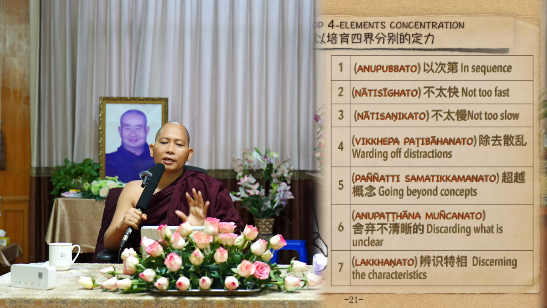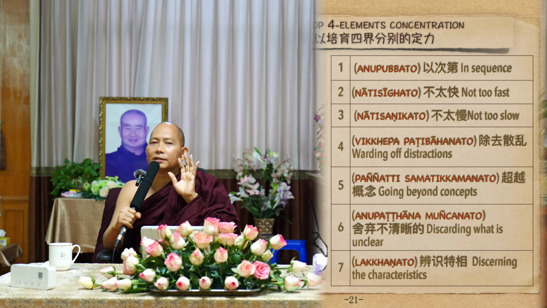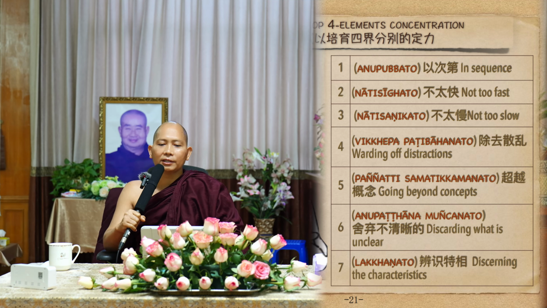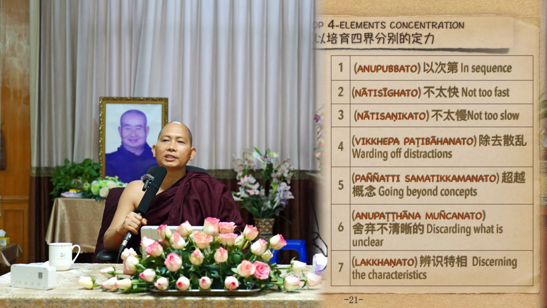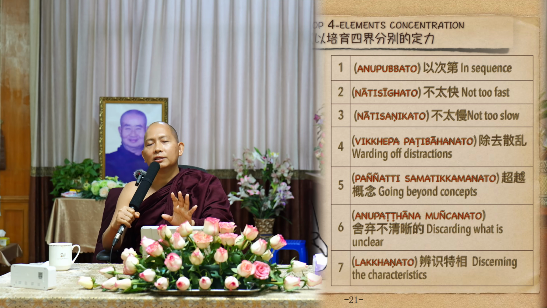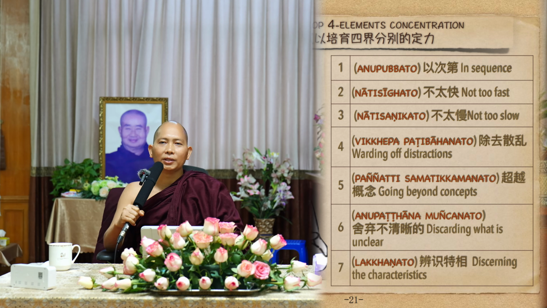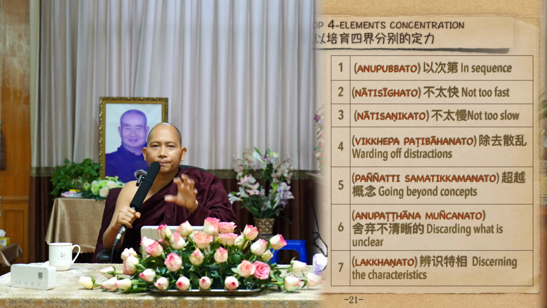Is it? At that time, you just discard what is unclear. You just disregard or ignore the unclear element or unclear characteristic. You just pay attention to the clear characteristic when you are discerning generally.